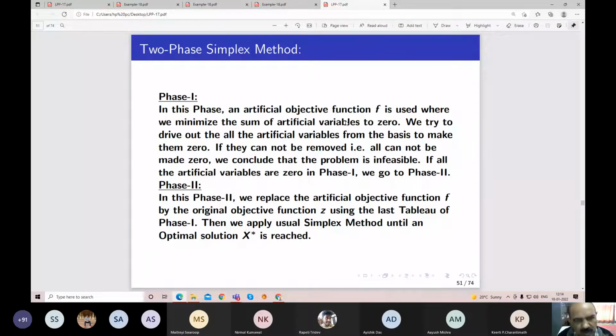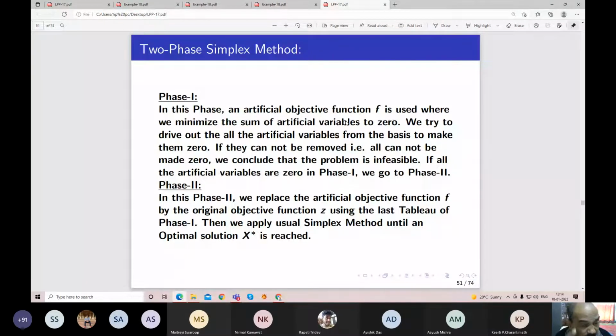If an artificial variable is not there, directly use the first method, the simplex method, where all the constraints are less than or equal type and the right hand sides are positive. If the right hand side is negative, you multiply by a minus sign to make it positive, but then a less than or equal type constraint becomes a greater than or equal type constraint, and there will be a problem.